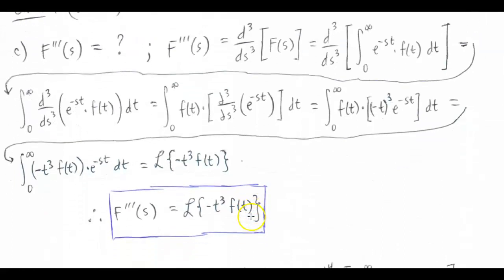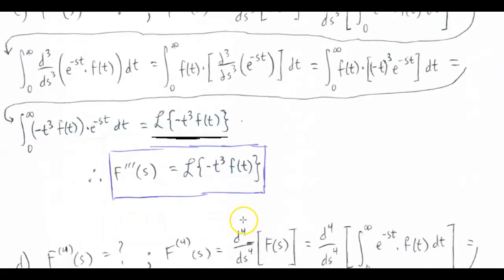So if we do it again for the third derivative and go through all the steps here, I'm not going to bore you with the details, we see that we indeed end up with negative t raised to the number that matches the order times f of t. That's going to be the function that we would have to take the Laplace transform of to figure out what the third derivative of the Laplace transform of whatever this is.